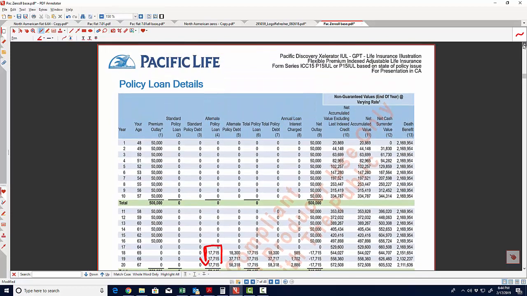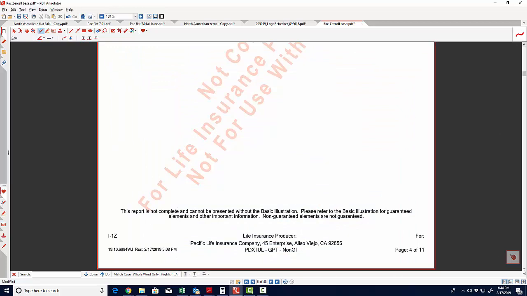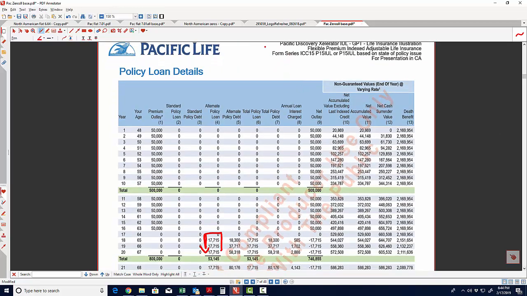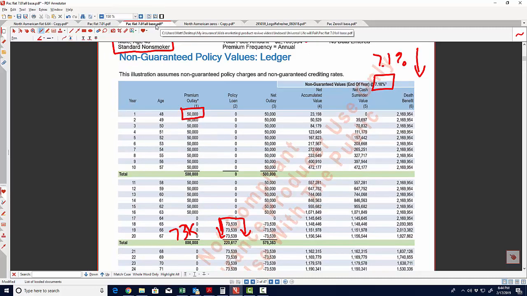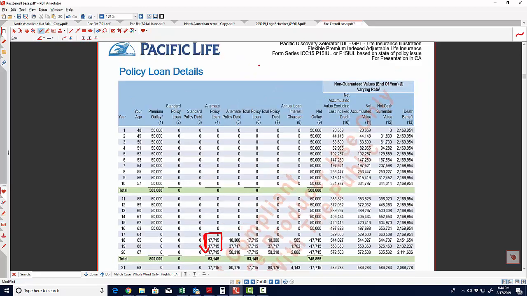Now again, the overall number is not necessarily what I want you to key in on. What I want you to key in on is the percentage of the original amount. So we were looking at 73,539 compared to 17,715.